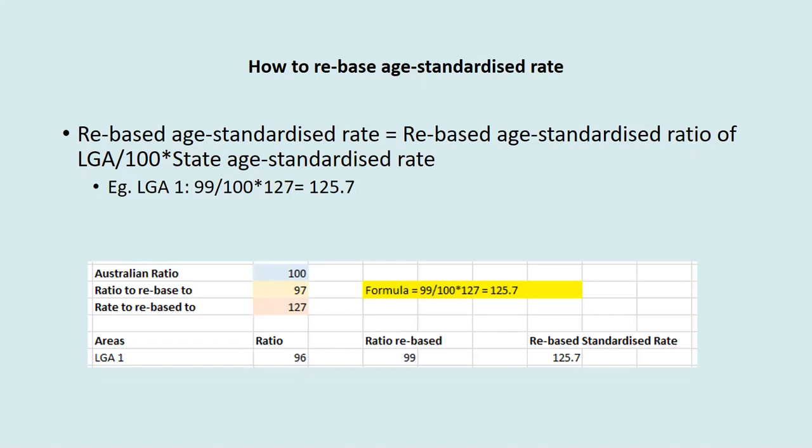So in this example, LGA 1's rebased ratio of 99 is divided by 100 and then multiplied by the South Australian age standardised rate, which is 127 in this example. The result is a rebased age standardised rate for LGA 1 of 125.7.